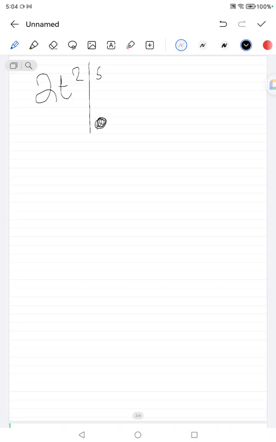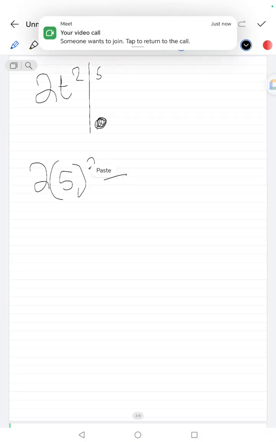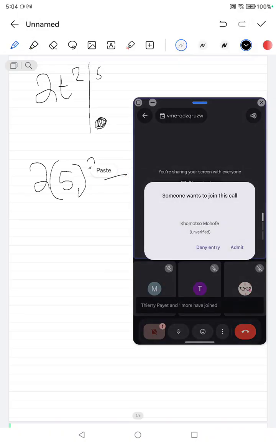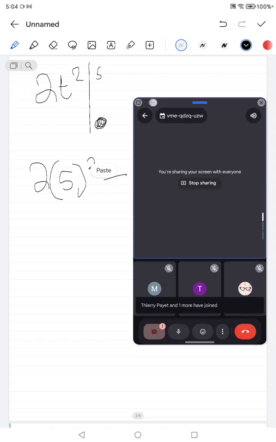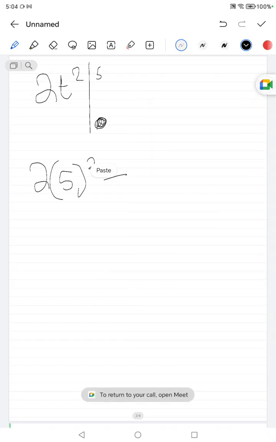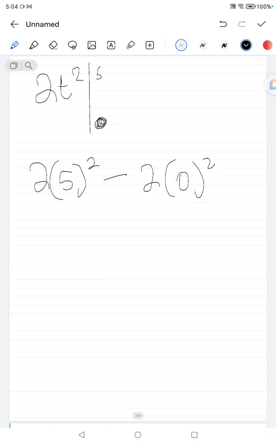So if we're going to use the fundamental theorem, we're going to have our 2 into 5 squared minus the 2 into your 0 squared. So this is the same as having your 2 into your 25.